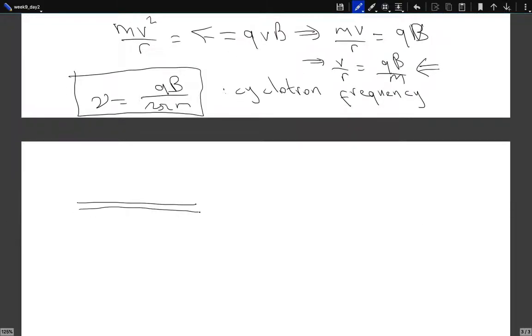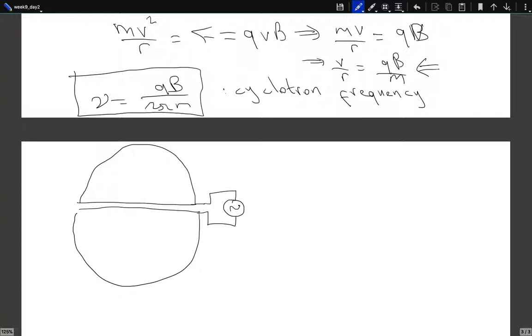Basically, we had such devices. So here we had an alternating circuit. So here we have the plates. We connect an alternating electric field, alternating potential, so we create an alternating electric field here. Inside, you put some ion. You know its mass.